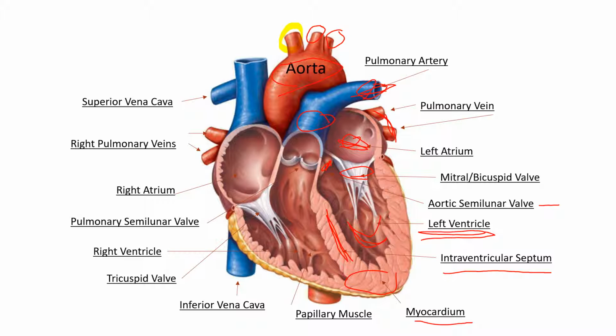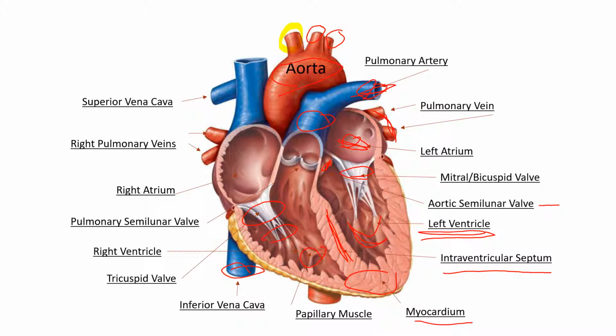And we have here the papillary muscles, which are these muscles within the heart. The inferior vena cava, which is right here. Our tricuspid valve is about right here. And again, this whole side of the heart pretty much is our right ventricle. And I just made a mistake by putting a little too much there, because right in here we have our chordae tendineae, which is almost like the tendons of the heart, basically serving the same purpose.